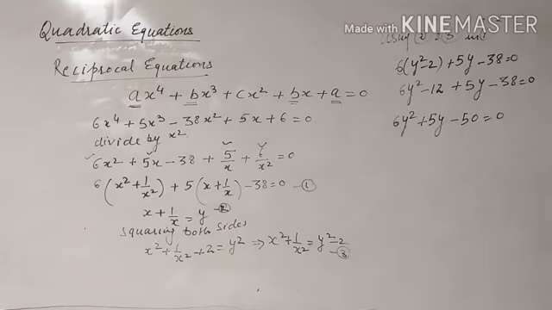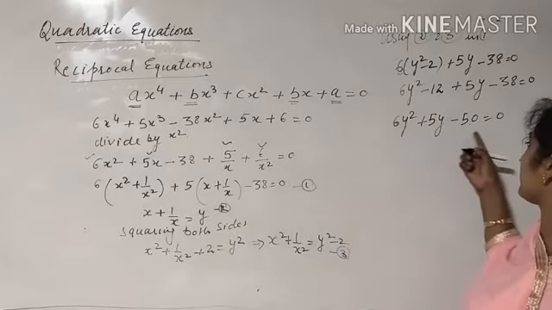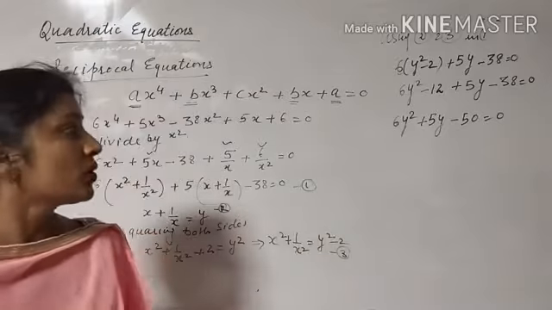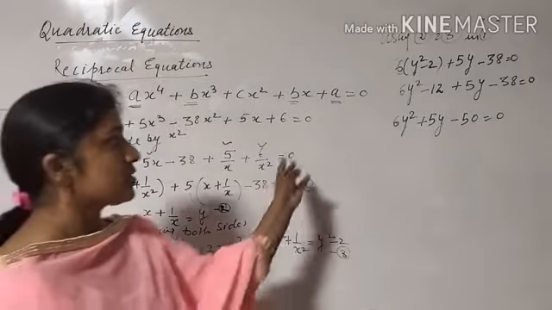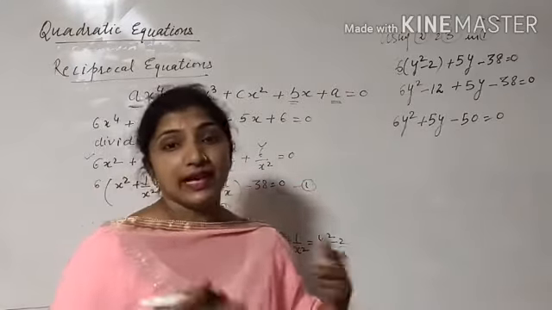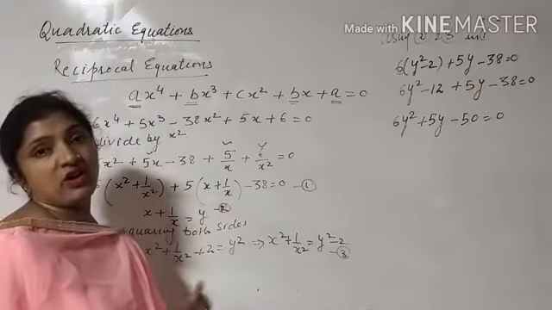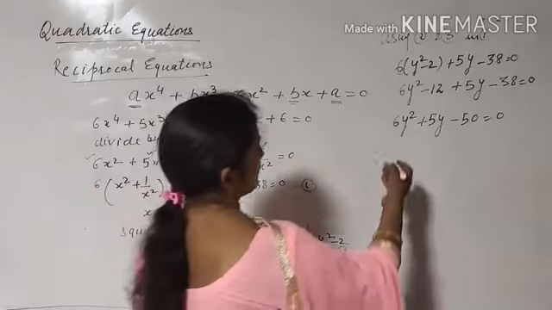Okay. Now you can solve it easily, that this is a quadratic equation and I have already told you the method how to solve the quadratic equation. And by solving this quadratic equation, you get the value of y and do the back substitution to get the values of x. So let's do it.